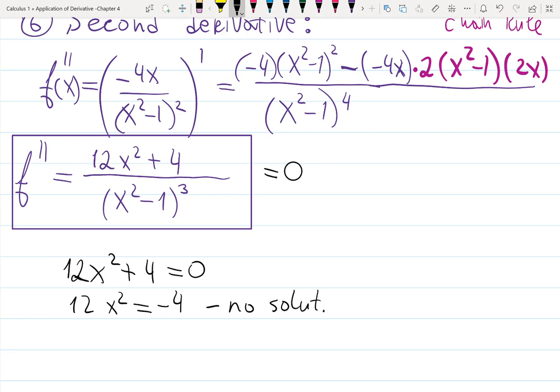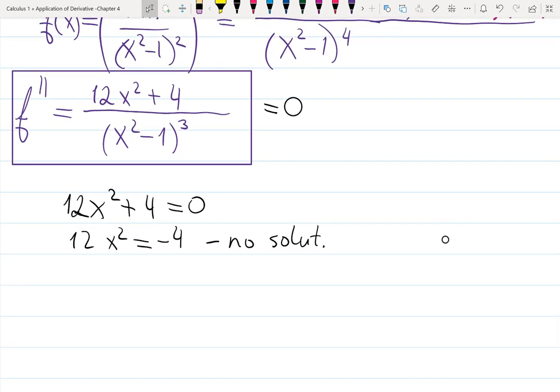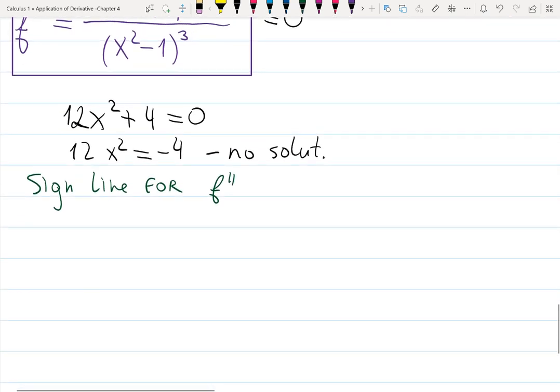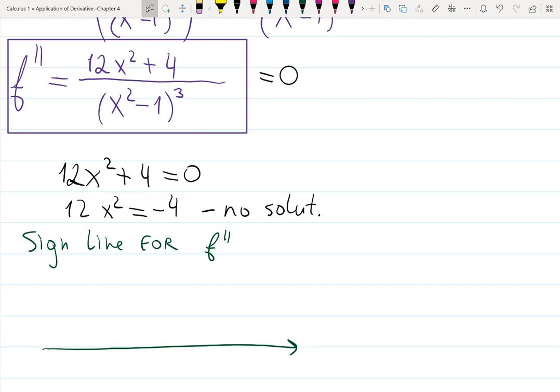That's fine. If there are no solutions, we're just gonna plug onto our sign line for the second derivative. What should we plug there then if we did not find any zeros? We'll plug the zeros from the denominator, which are points of discontinuity. In some literature, they will tell you to find these actually.